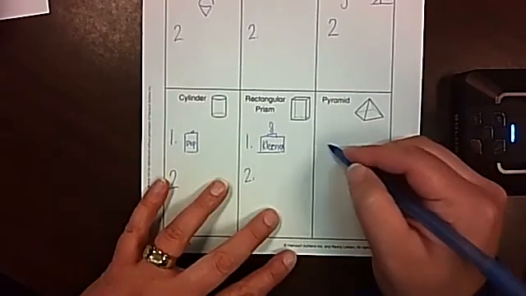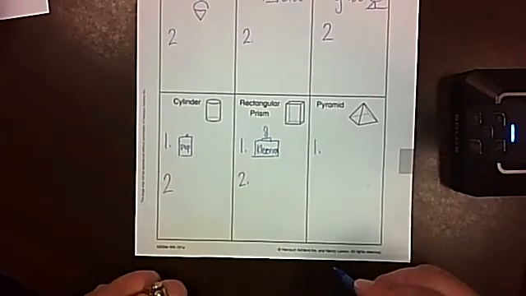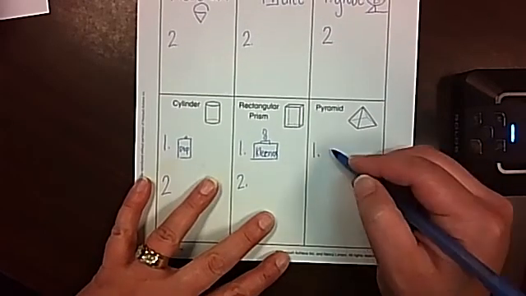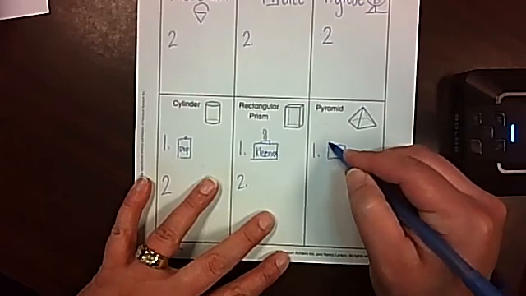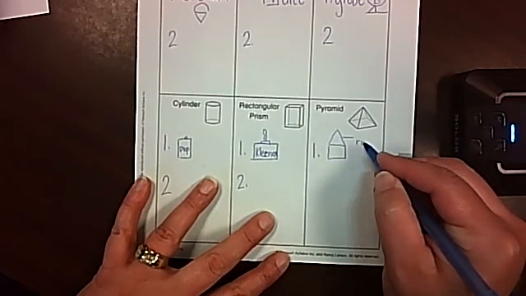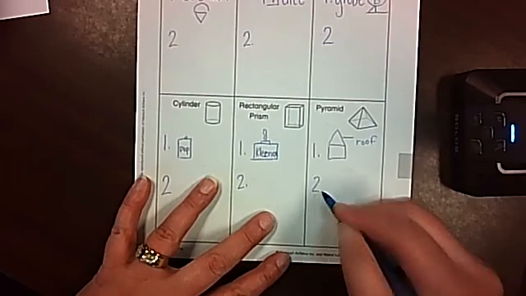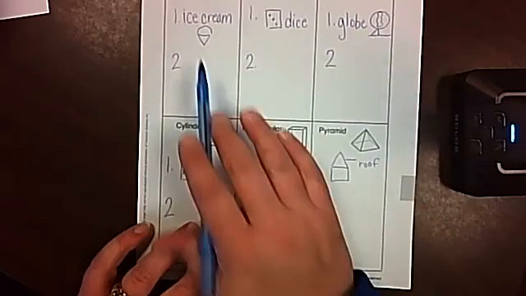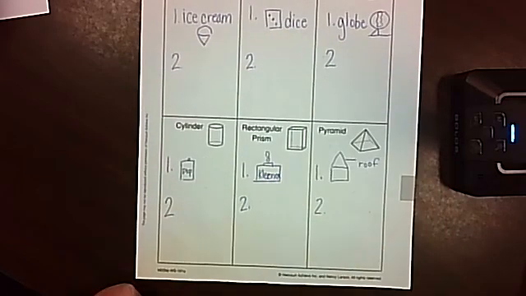And then the pyramid is a little bit harder one to think of. I'm going to do it as the roof. So Mrs. Ostin gave you an example for each one. I want you to think of one more for your lesson worksheet today.